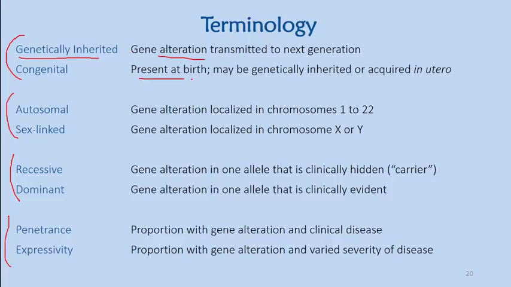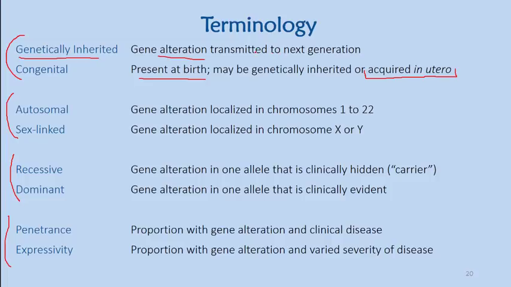That's what congenital means. Now, acquired in utero, for example, back in the 60s, there was a drug called thalidomide that was used for things such as morning sickness, and it was found to cause major congenital malformation of the limbs of these babies. Another example, if a woman is exposed to a virus while she is pregnant, this can also cause malformation.